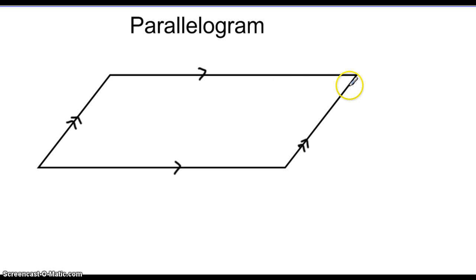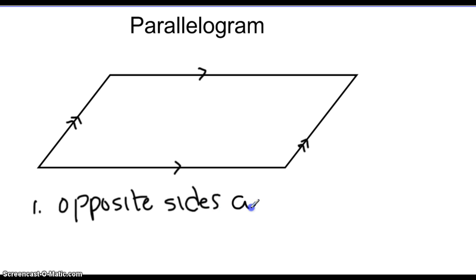And if I extended these, this and out here would be alternate interior angles. So one is that opposite sides are parallel. And hopefully that's easy because it is a parallelogram.